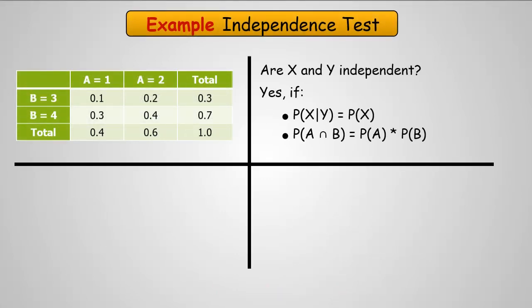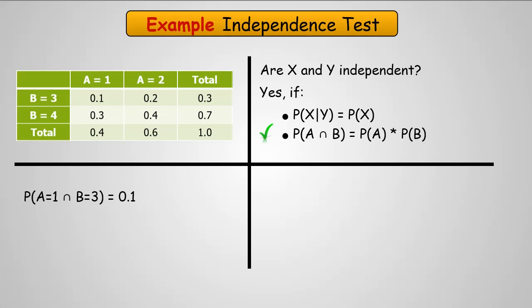All right, let's look at another example of another table, and this time let's use the second test, that the probability of the intersection of A and B is equal to the probability of A times the probability of B. And let's see if that test proves these values to be independent or not. And this is a different table. So, to begin with, we can say the probability of A equals 1 intersection with B equals 3 is equal to 0.1, just by looking up in the table.